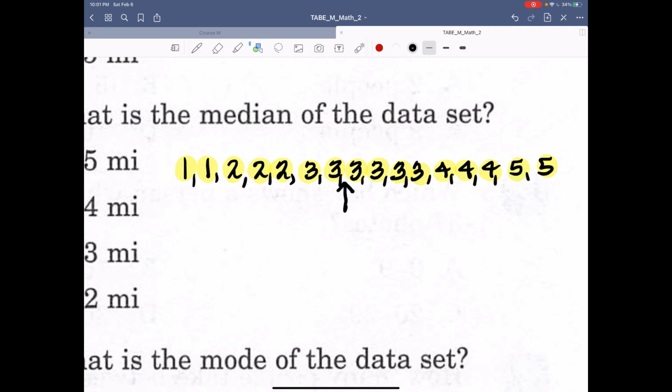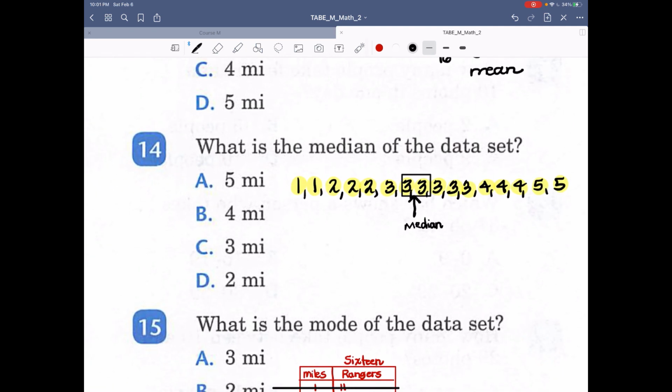So it's between 2 numbers. We're lucky this time, though, because what's between 3 and 3? Nothing. It is 3. So the median is 3, even though there are 2 of them there. If those were different numbers, we would have to find the average of the 2 numbers in that box. But they're not in this one. The median is 3.